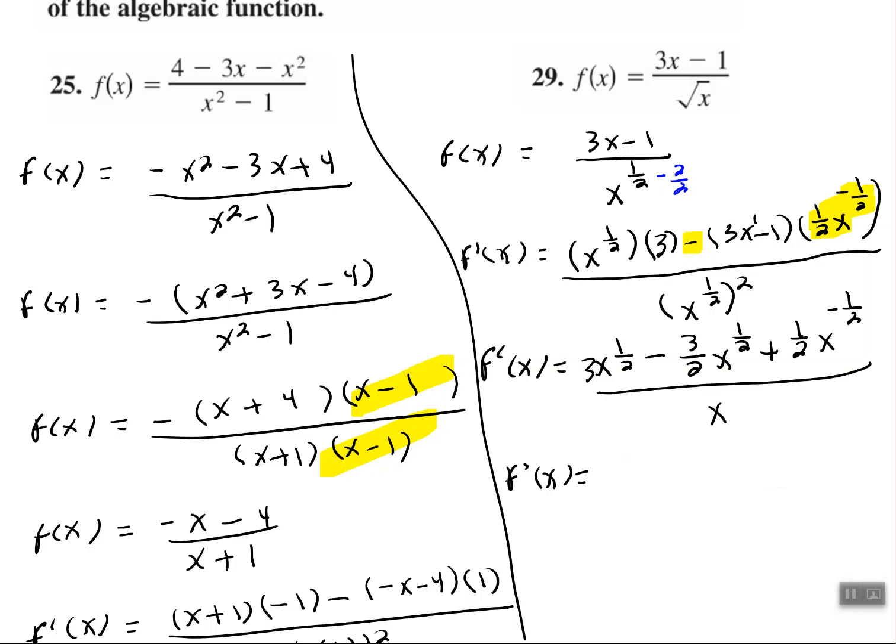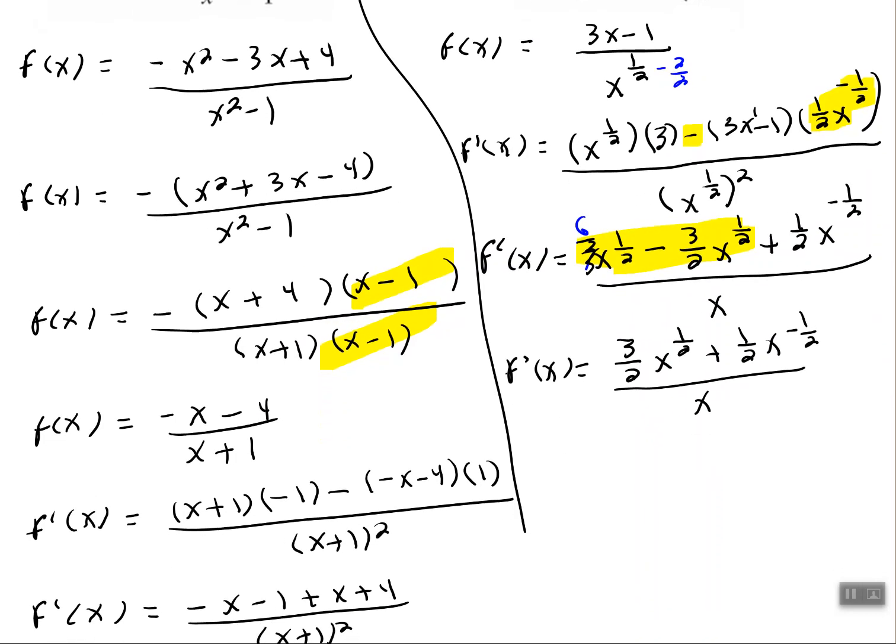Getting a common denominator, that would make 6 over 2 here, and 6 over 2 minus 3 over 2 gives us 3 over 2 times x to the 1/2 plus 1/2 x to the negative 1/2. I'm so sorry about that.